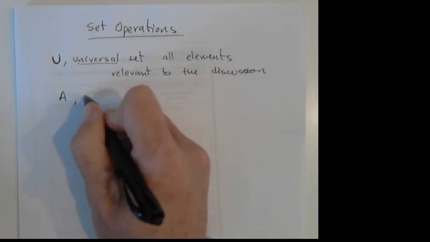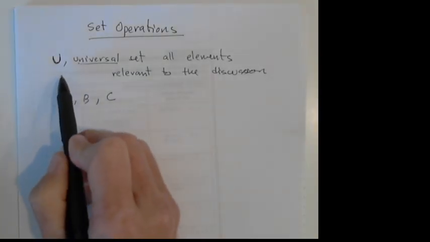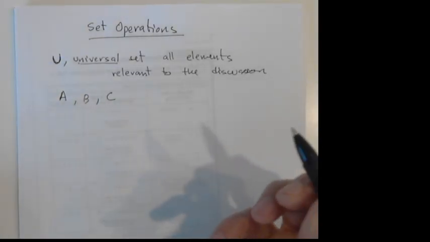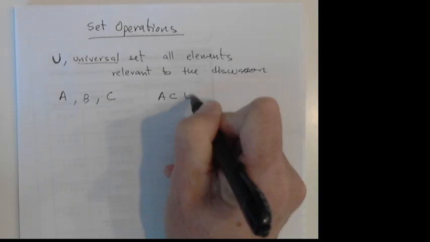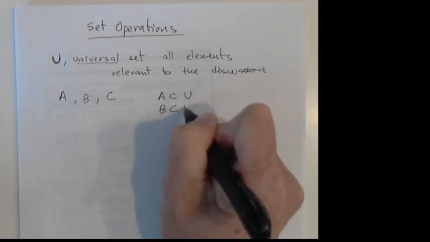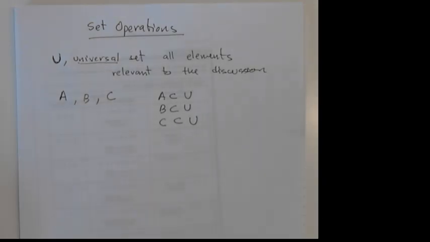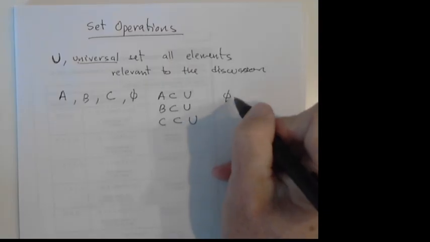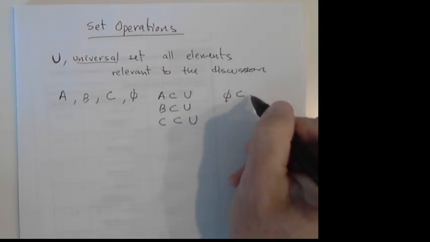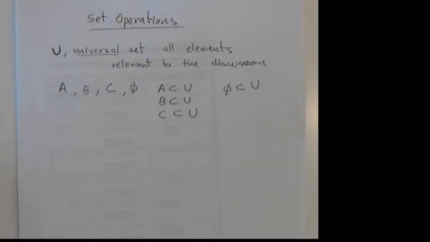So if you have sets A, B, and C, by definition, that U contains all elements, then A is a subset of U, B is a subset of U, C is a subset of U, etc. Obviously, the empty set is always a subset of any set. So that's the first point.